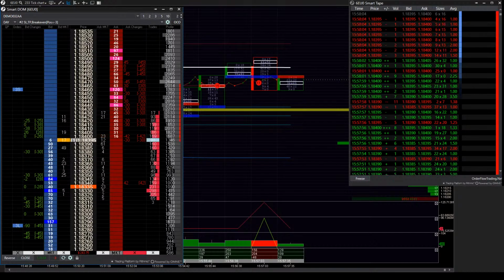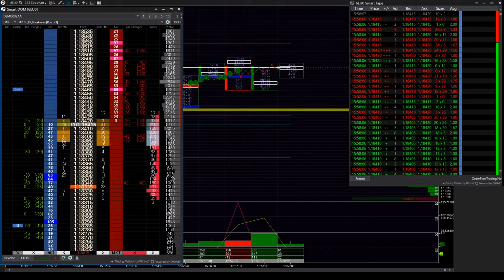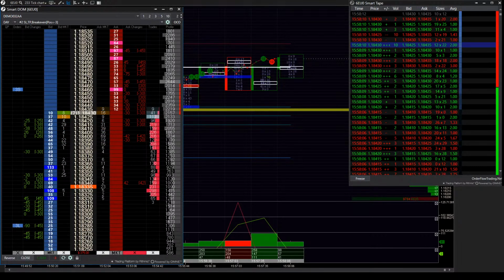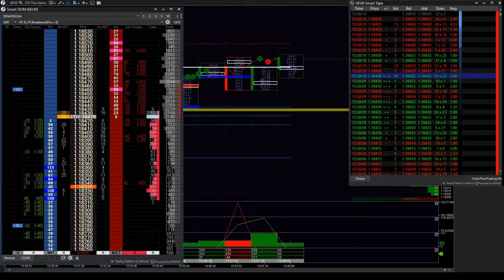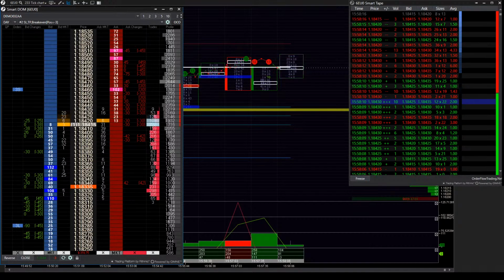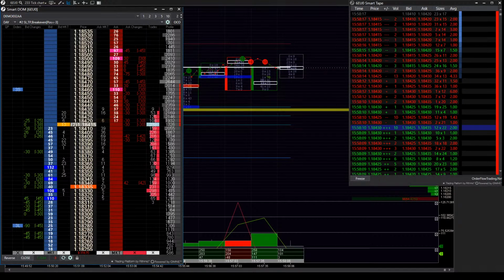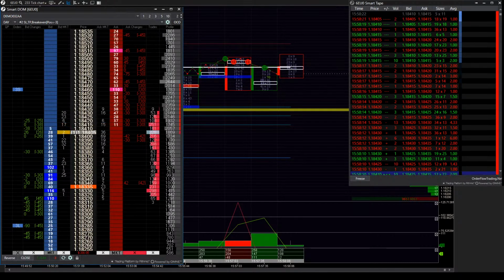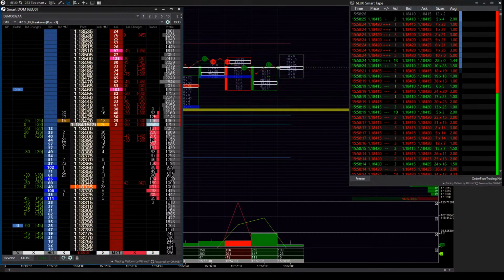Let's see. Okay, now price is just going again close to the VWAP, and the volume that we had as protection is practically gone.